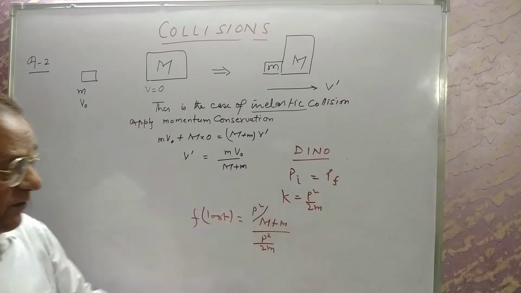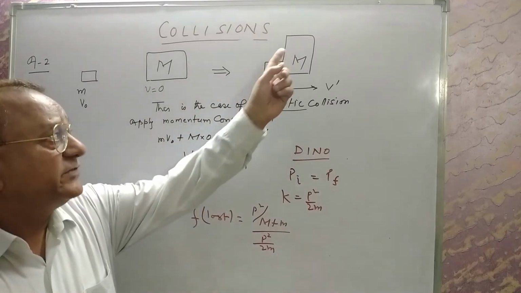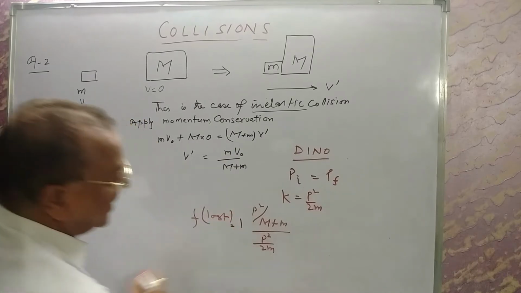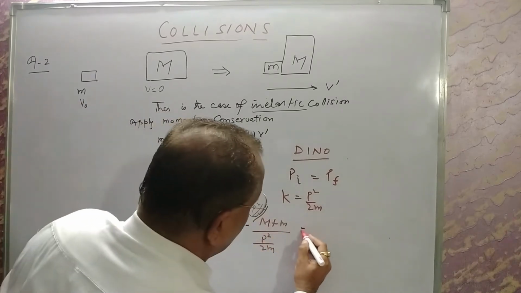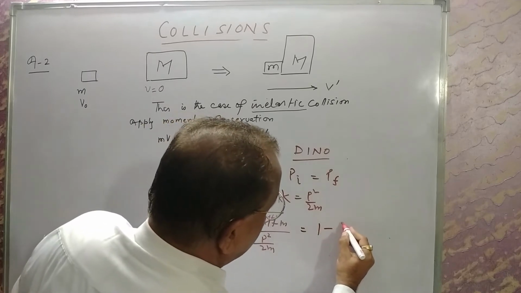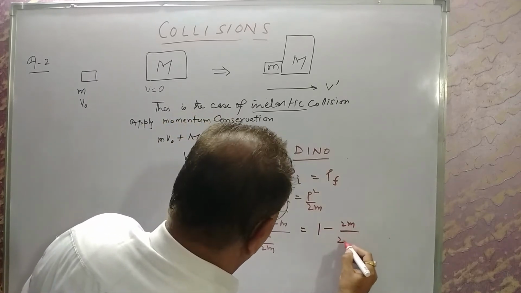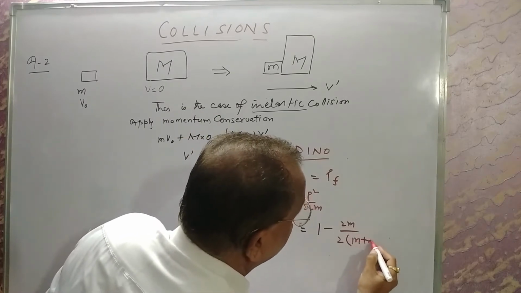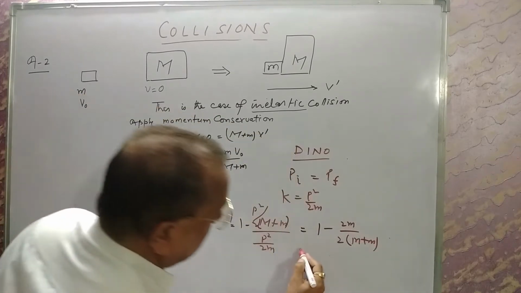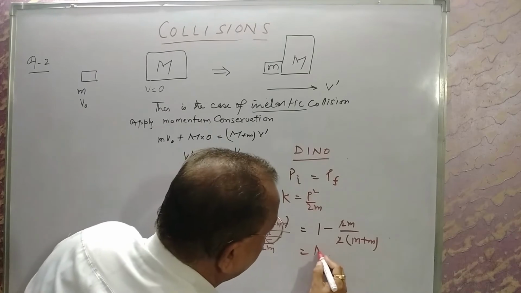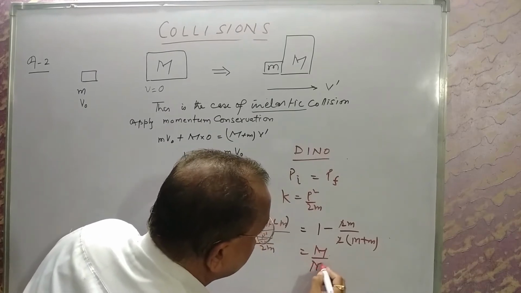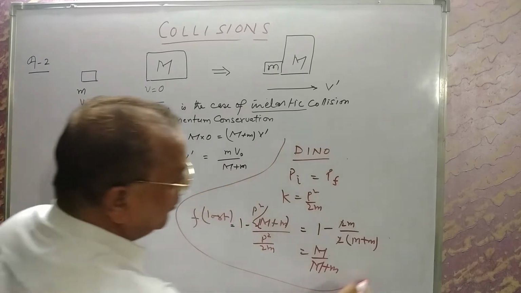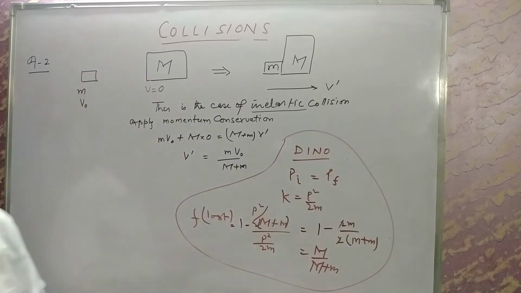This is the fraction of energy which this body is having. If you do 1 minus, then you will get the answer equal to 1 minus 2m by 2m plus m. Cut 2 and you will get M divided by M plus small m. This is the answer to this question using the Dino concept.